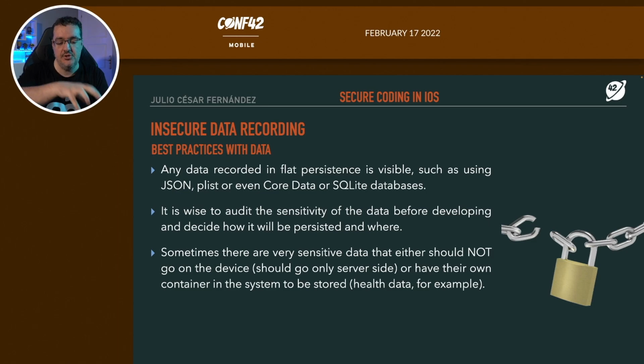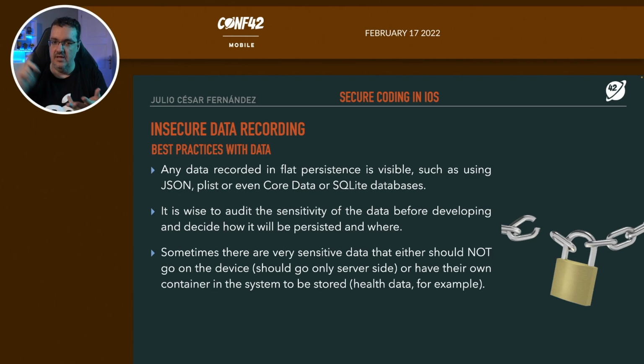But if you store it in your device with a JSON, with a plist, with a database, etc., it will be visible in, like I said before, flat persistent storage, okay? Because of this, the best way to work with certain data is not to store it on the device, work only with server-side and with memory, or have their own container in the system to be stored.